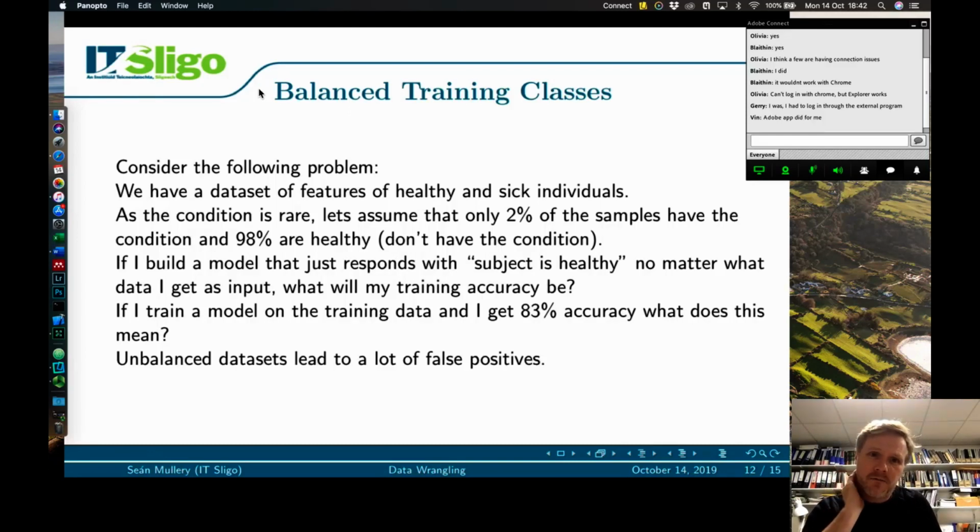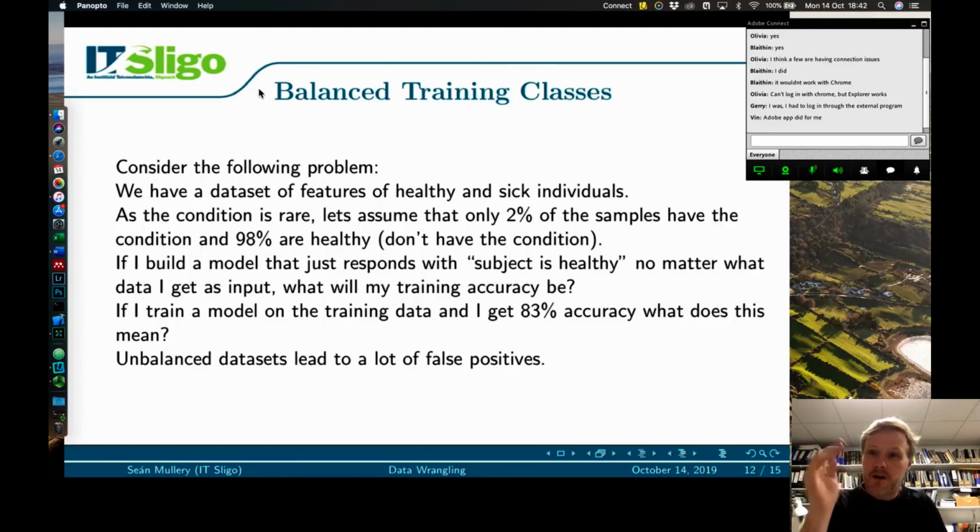We have a data set of features of healthy and sick individuals. As the condition is rare, and rare could be a lot more rare than I'm giving here, let's assume that of the samples that we've taken, in other words, people have come into hospital for some reason or other, so you might have a higher percentage than normal, 2% of the samples have the condition, and 98% of the samples are healthy, i.e. don't have the condition.